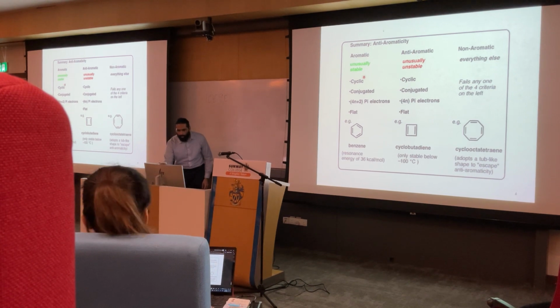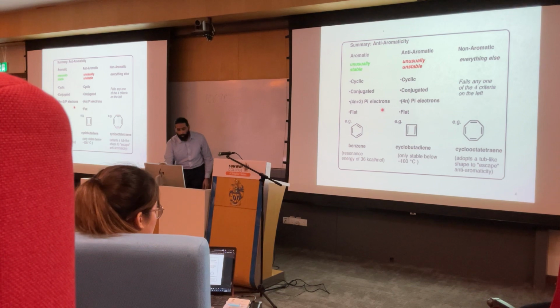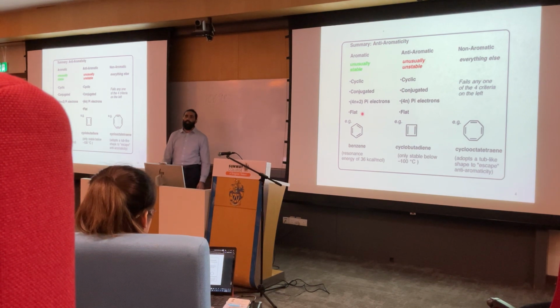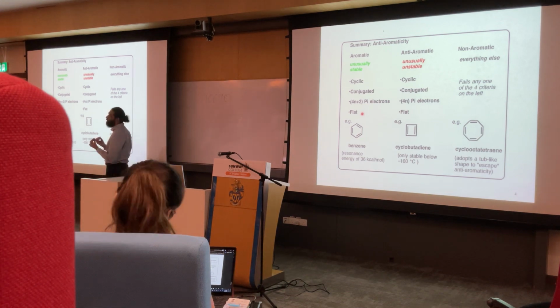These are aromatic compounds. They are cyclic, they are conjugated, they follow 4n plus 2 pi electrons, and their structure is flat. The perfect example is benzene. Why is this important? Because they are unusually stable.